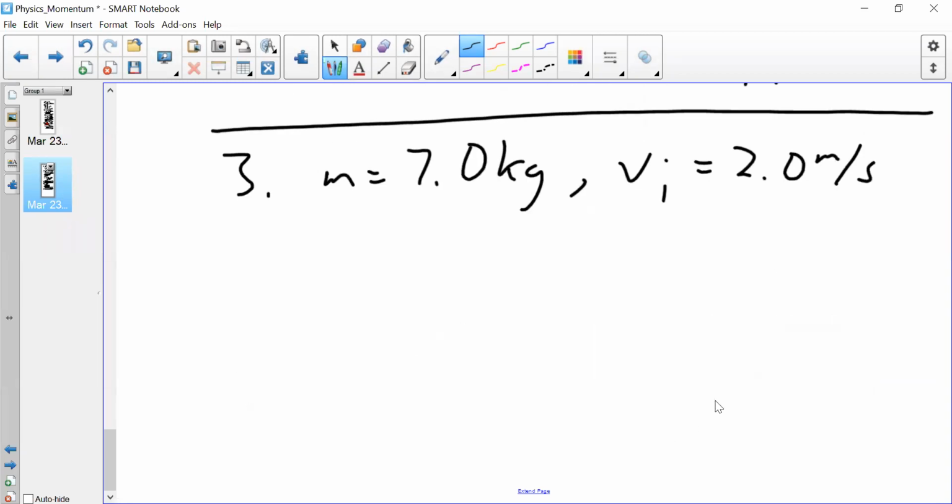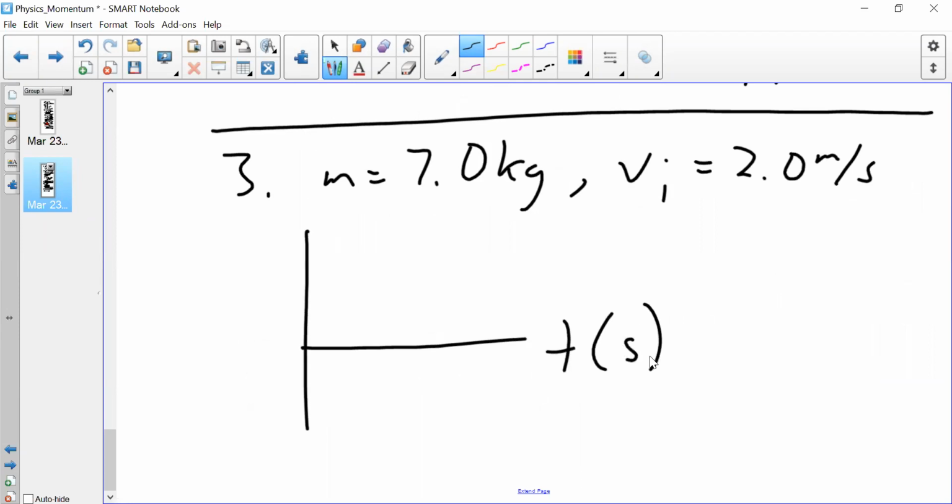Now, one thing to keep in mind, even though it's impulse, we have force times time here. In the first second, it gets pushed up to an average force of 5 newtons, and then it maintains that for 1 second.